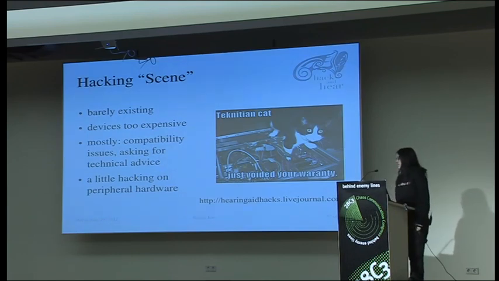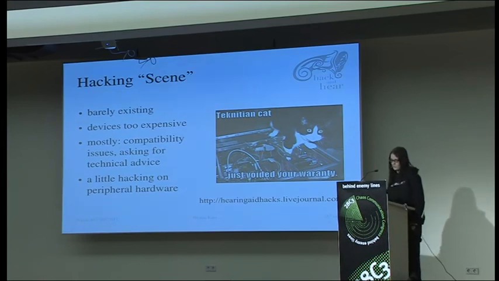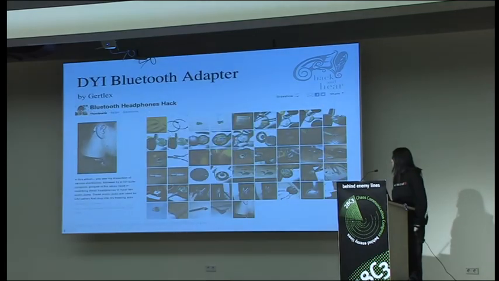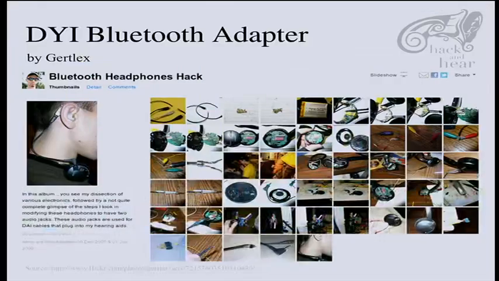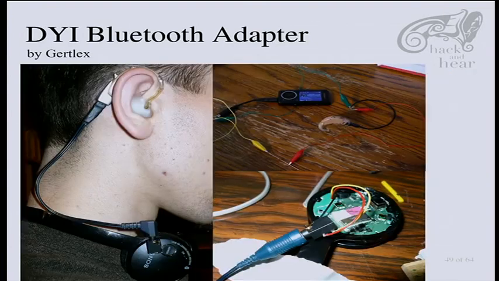But there is a little hacking on the peripheral hardware. I will show two examples for that. There's one guy called Gertlex who built his own Bluetooth adapter. He posted this on Flickr, quite detailed. And what you can see here, he used a Sony wireless Bluetooth headset and hacked it in a way that you can connect the direct audio input cables from the hearing aids.